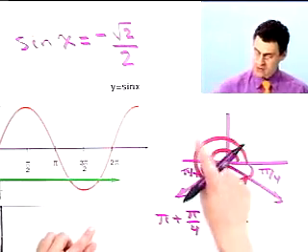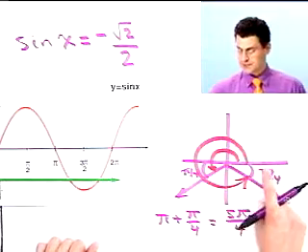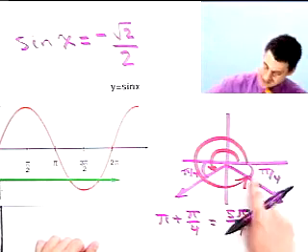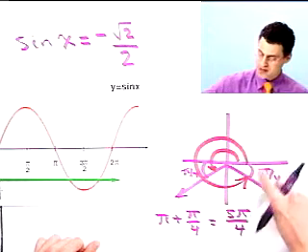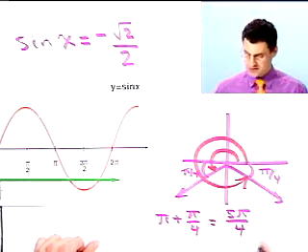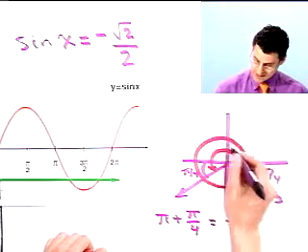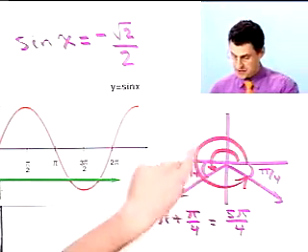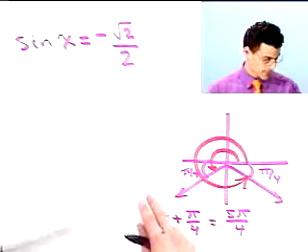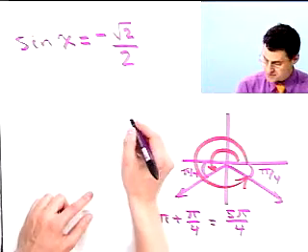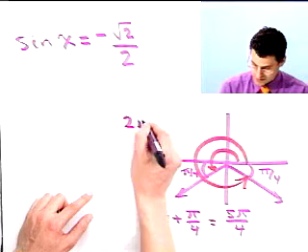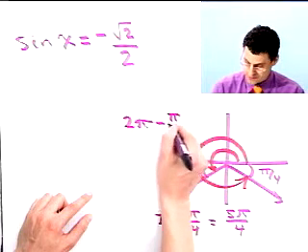And how do I get that humongous angle? Well, one way of getting it is taking 2 pi and subtracting pi over 4, going once around and then removing that reference angle. So that huge angle would be just 2 pi minus pi over 4.